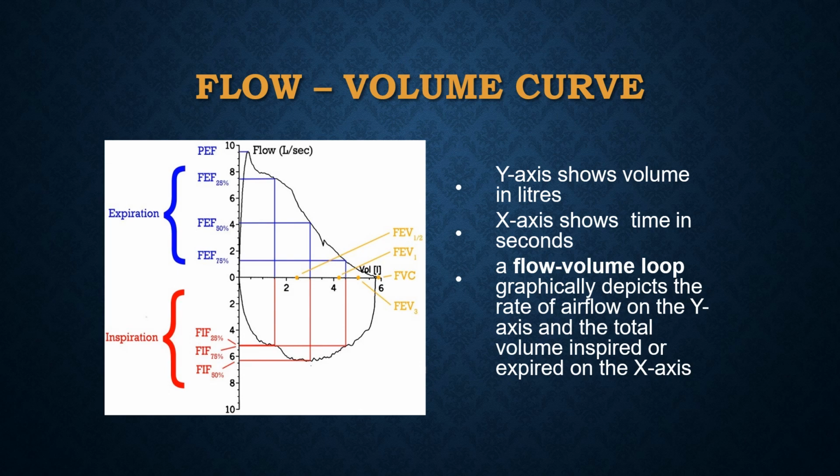This loop graphically depicts the rate of airflow on the y-axis and total volume inspired or expired on the x-axis. This curve or loop is dramatically altered in obstructive and restrictive diseases. Due to some technical problems, this curve is not routinely plotted in all the clinical respiratory laboratories. But this is definitely helpful for research purposes.